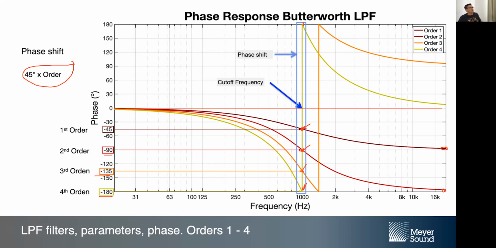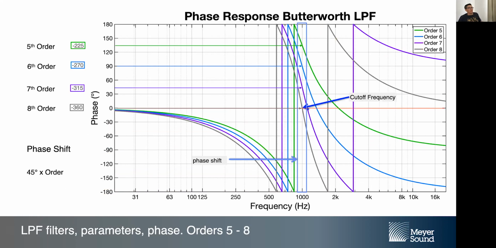If we move on, we could see that if we continue with order 5, 6, 7, and 8, the thing is gonna happen in the same way. We're gonna have 45 times the order to see what's gonna be the phase shift at the cutoff frequency. But in this case, as we can see in the slide that we just saw, when we have no more space to see the phase trace in the lower section, it's gonna appear over the upper section.